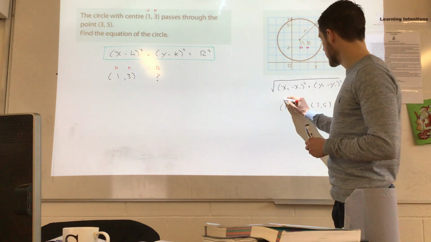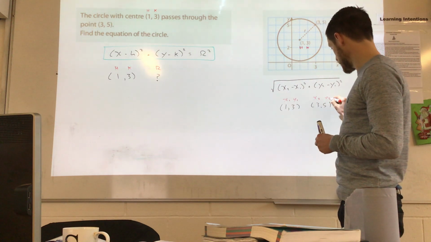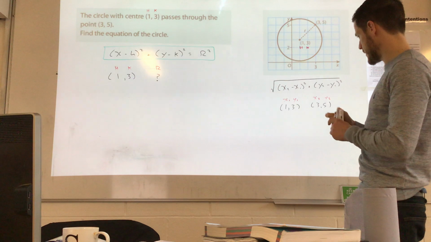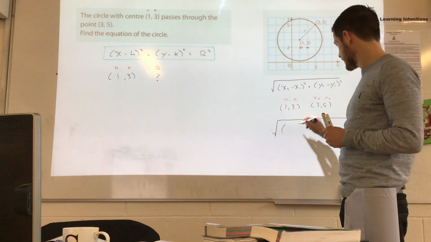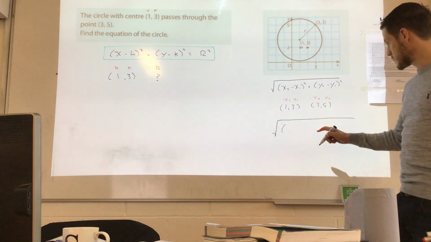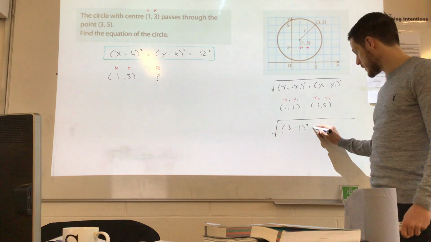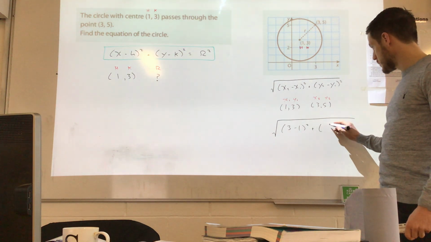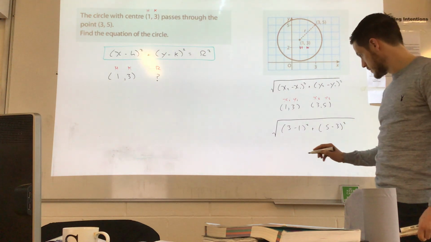I can call them x1, y1, x2, y2. And what I'm going to do here is simply put them in. So x2 minus x1, 3 minus 1 all to be squared, plus y2 minus y1, 5 minus 3 all to be squared.